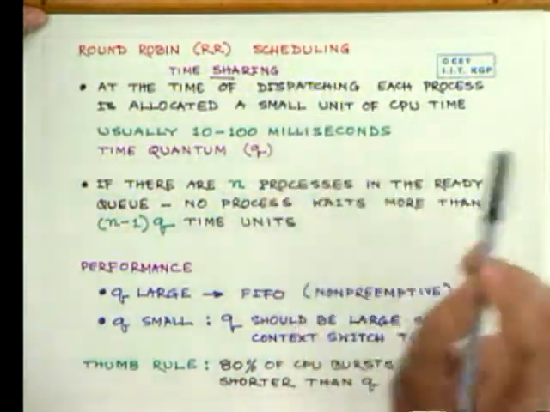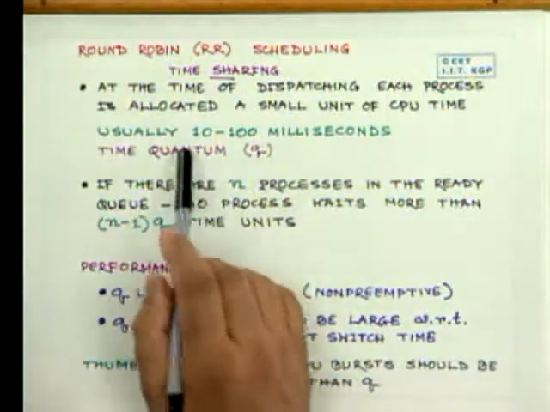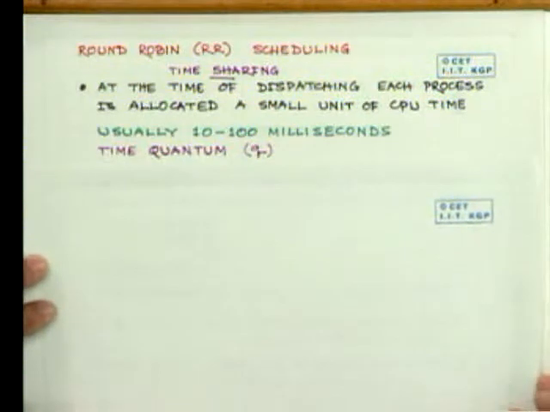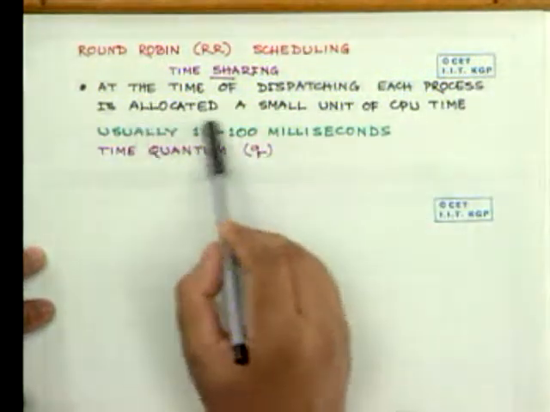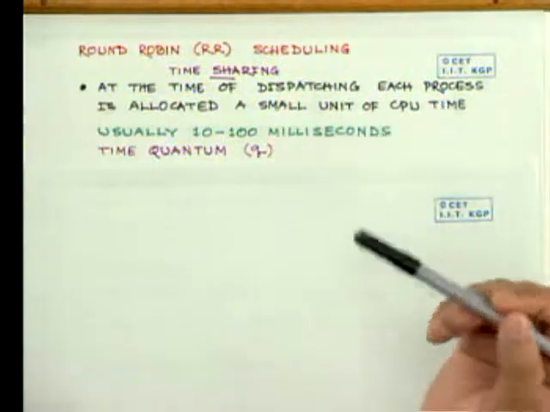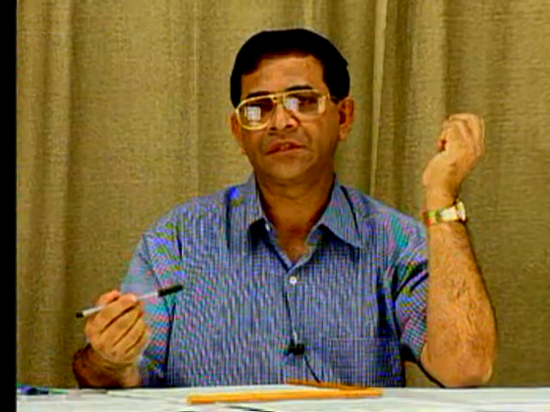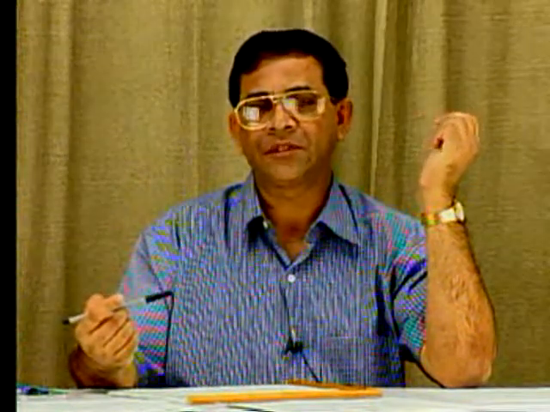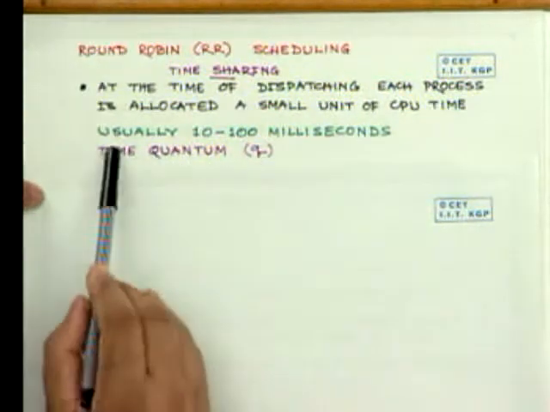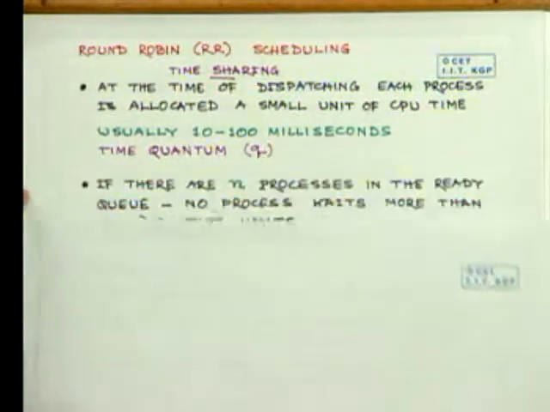By time sharing, we mean that at the time of dispatching, each process is allocated a small unit of CPU time. Whenever a process is dispatched to the CPU, a time quantum is attached to it. That time quantum is usually 10 to 100 milliseconds.